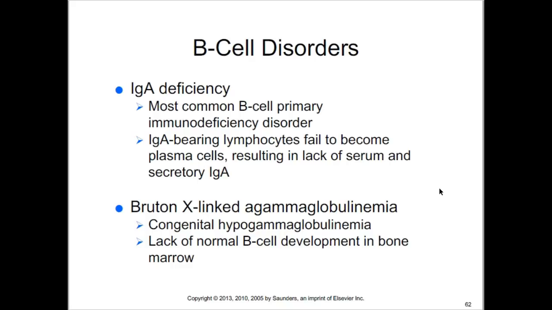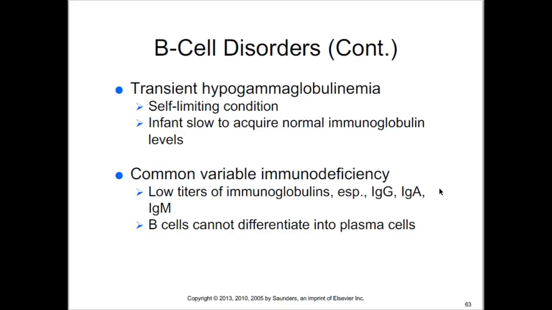Another one is Bruton's X-linked agammaglobulinemia. Sorry, that one's a tough one to pronounce. Say that one fast three times, right? It's basically congenital, and it's a lack of normal B cell development. So you have basically very little or no B cells, okay?